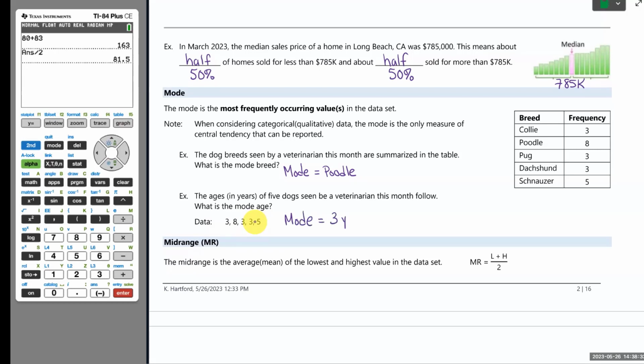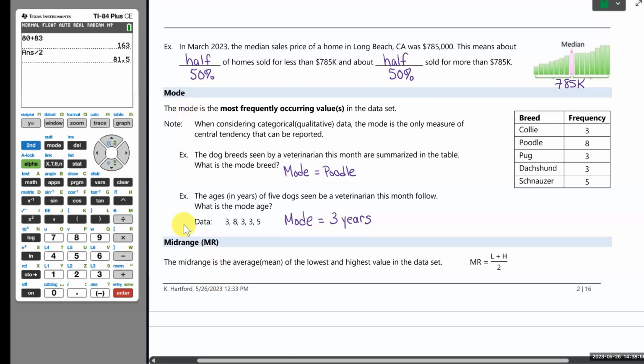So 3 years. We just have to be careful to look at what they are asking. The difference there: mode breed, in the table, the breed that occurs the most. Here, mode age, in that list, the age that occurs the most. And there you go, that's mode, the highest frequency occurring value.